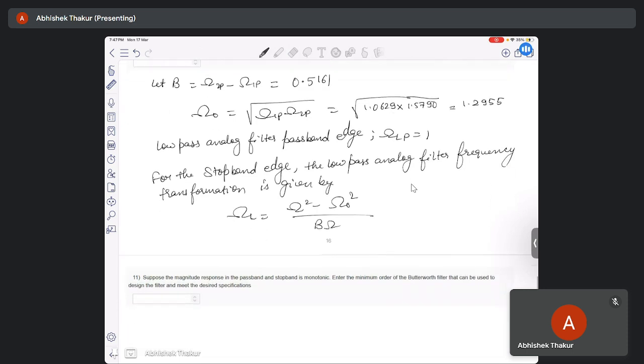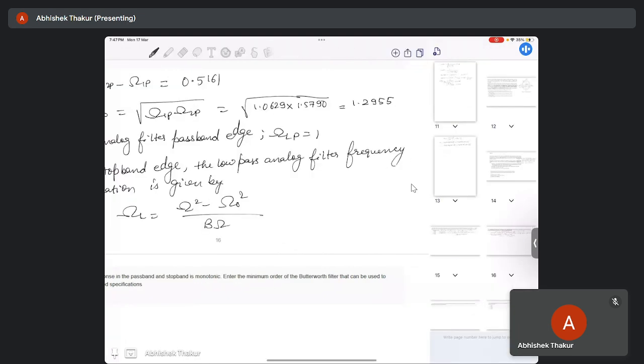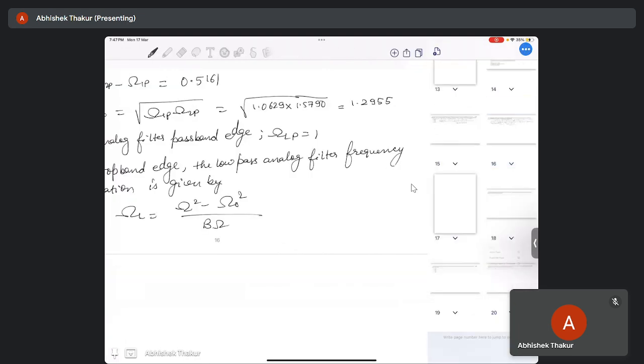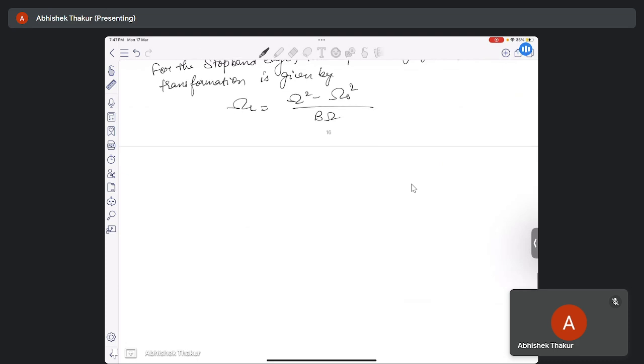Using the transformation, we get initial value for the stop band edges of the low pass filter as omega 1ls. Like after this transformation, what we will get? I'm just writing the answer. You can transform omega 1ls is equal to minus 1.3929 and omega 2ls is given as 1.4432.